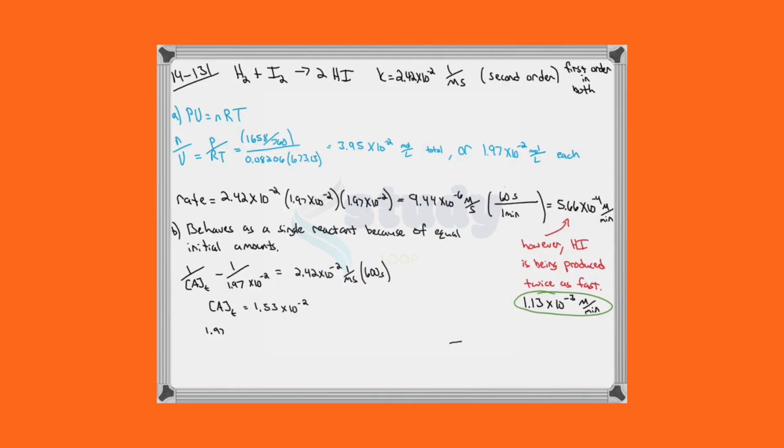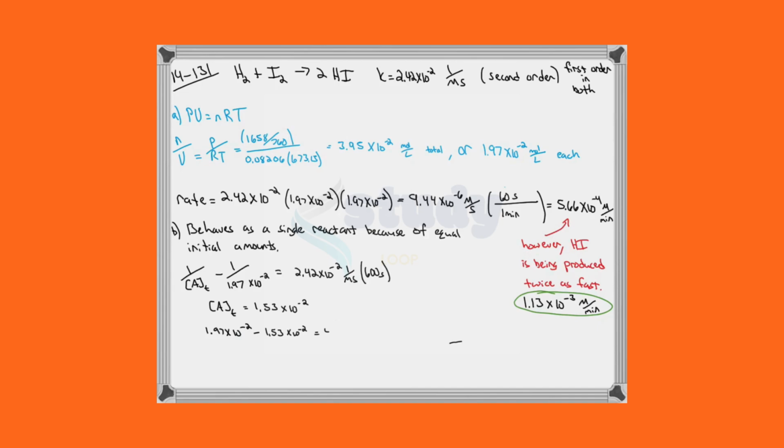With a little bit of algebra and rearrangement to save space, I just went straight to the answer. You'll get a concentration at time t of 1.53 times 10 to the negative 2. But this is the concentration of each of these. If this is 1.53 times 10 to the negative 2, then there must have been this much of a decrease in concentration.